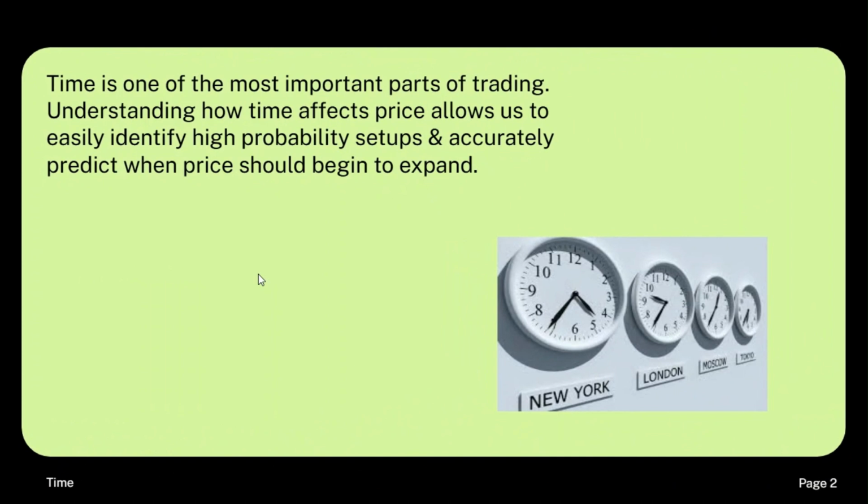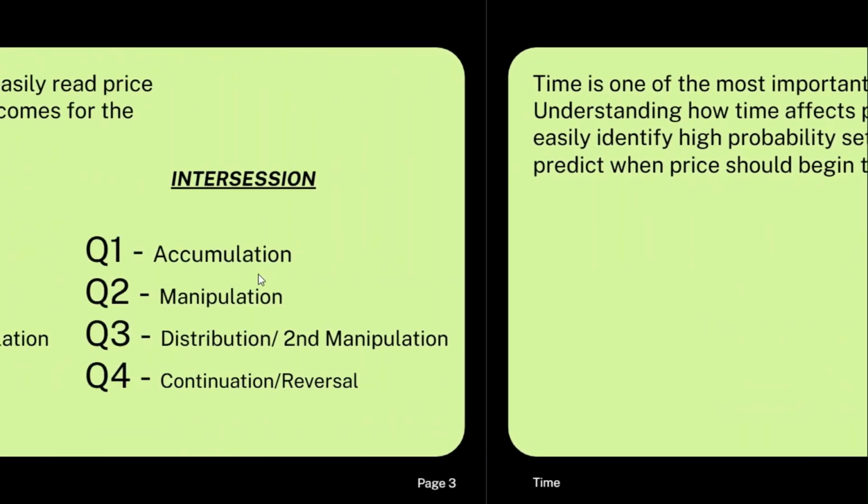Because as you get more advanced and get a deeper understanding of how the charts work, you'll start to understand that not only price, fair value gaps, and liquidity, but time itself can indicate, before we get any movement, which direction we're going to head. So let's go ahead and get into the next slide.